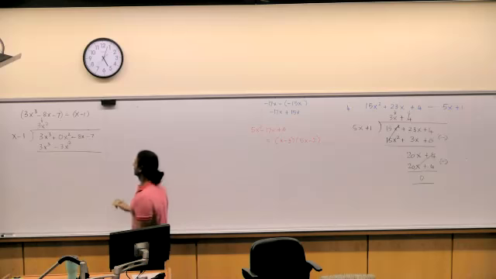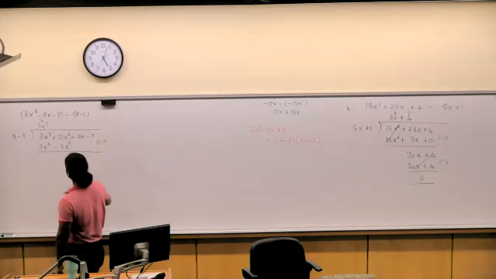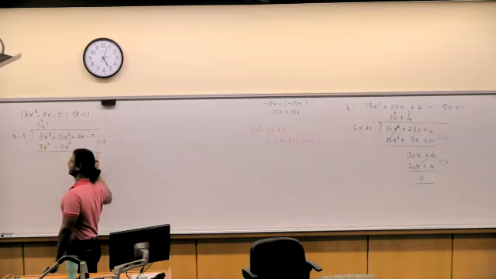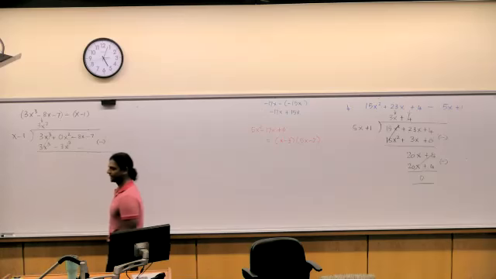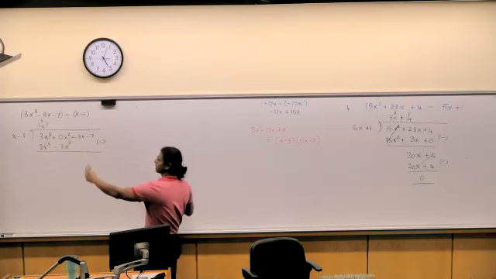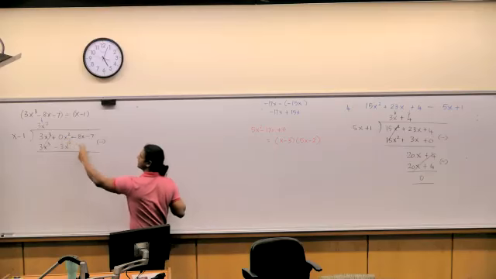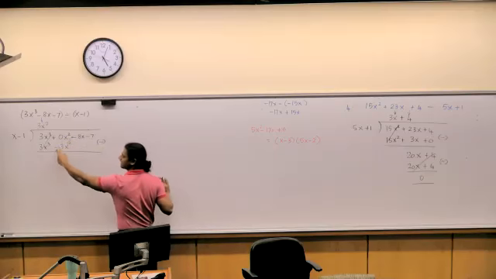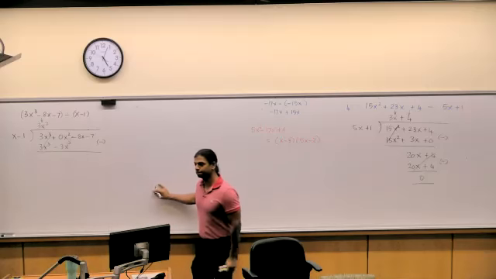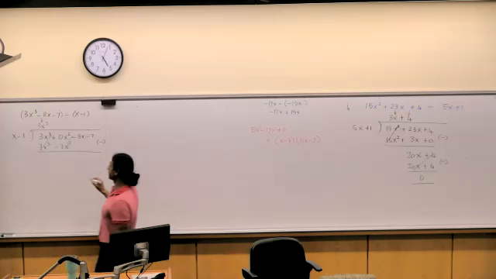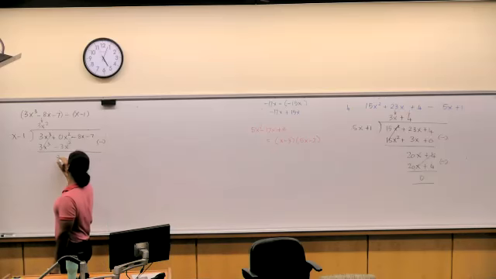Always subtract, so minus 3x cubed, minus 3x cubed will get cancelled. 0x squared minus of minus 3x squared, what do we get? 3x squared.